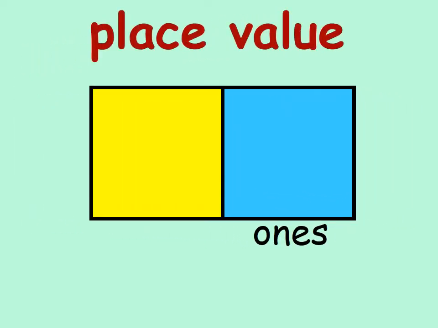Here we are, place value. And what is the blue square called? The ones. That's right, that's the ones. Now this time I have a 9. Now that's a special number for doing place value, because I'm going to show you why it's special.